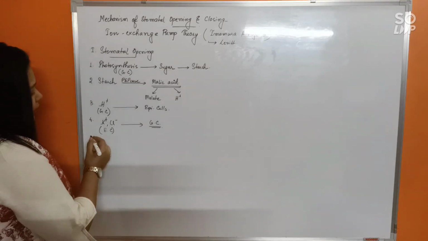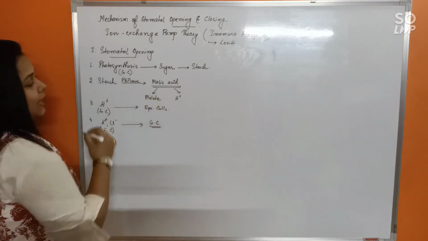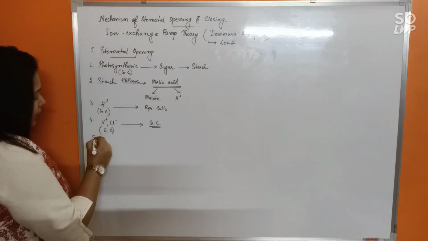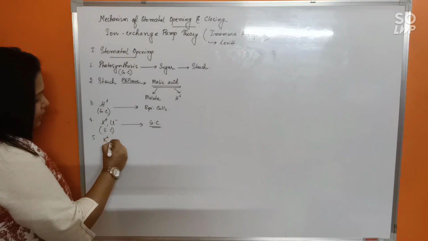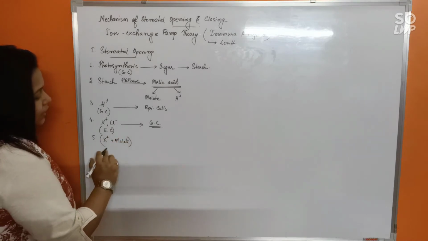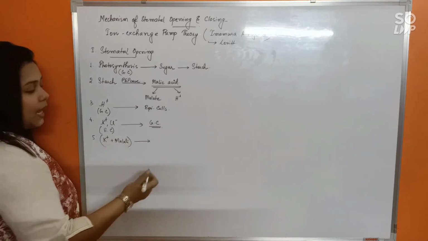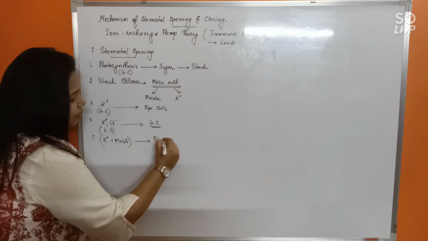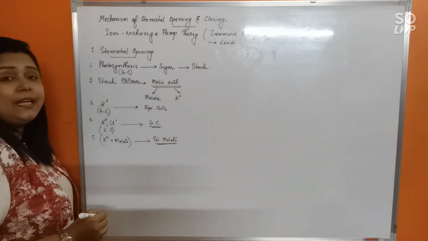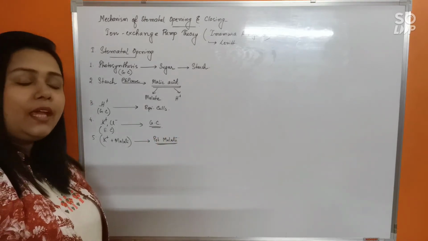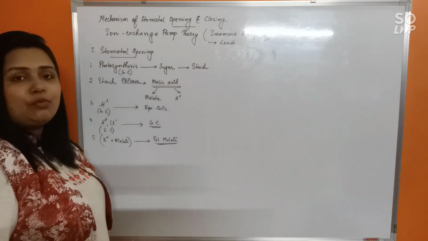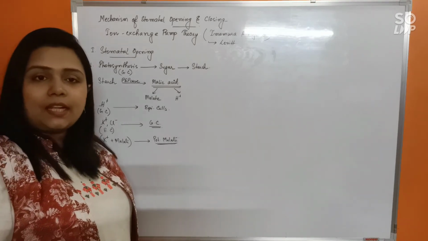So now that K plus and malate anion is going to accumulate in the guard cell, finally K plus and malate anion together will associate and form potassium malate, which is highly soluble. Okay, it is highly soluble. Because of that, potassium malate will dissolve in the guard cells.